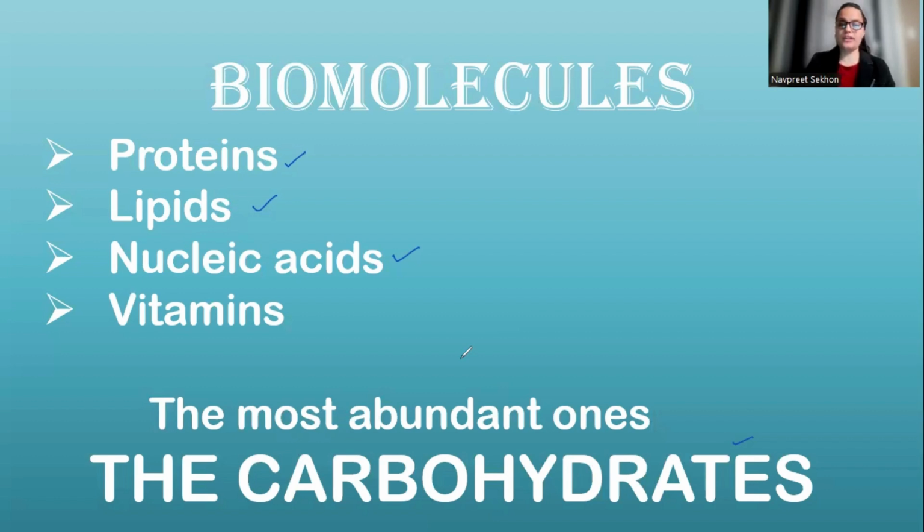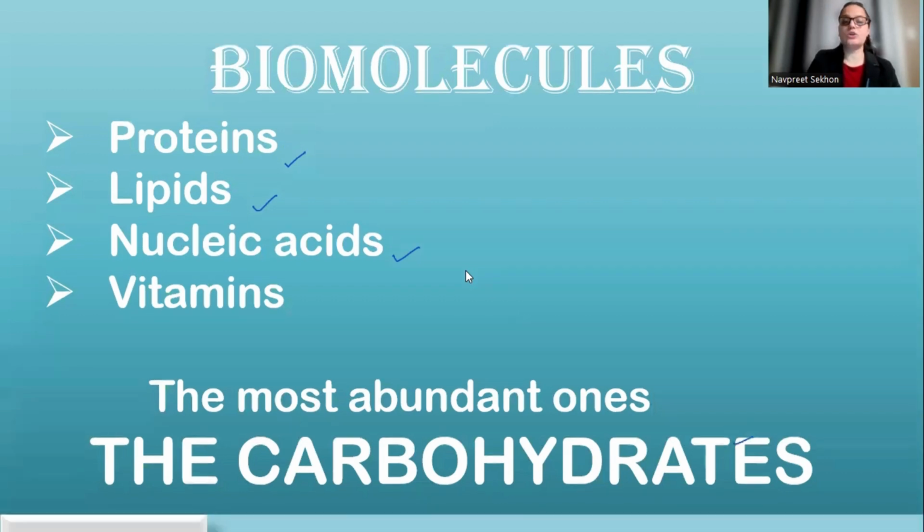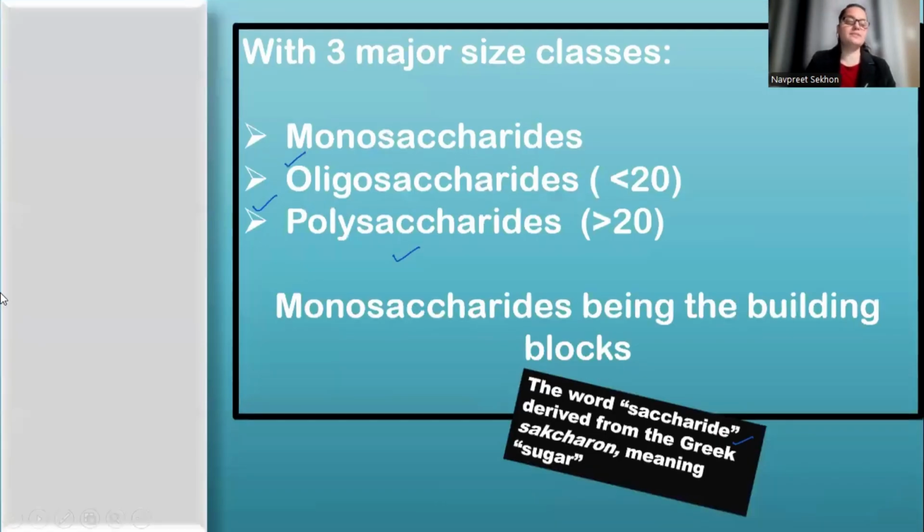And in that, we need to know the different types of carbohydrates. The carbohydrates have been categorized into three categories: monosaccharides, oligosaccharides, and polysaccharides.